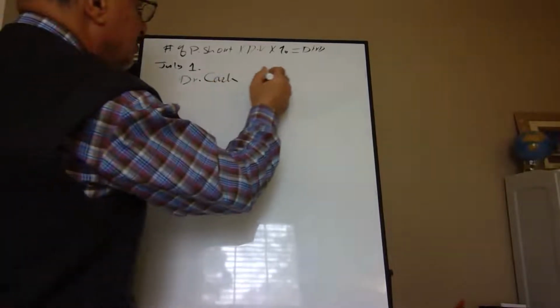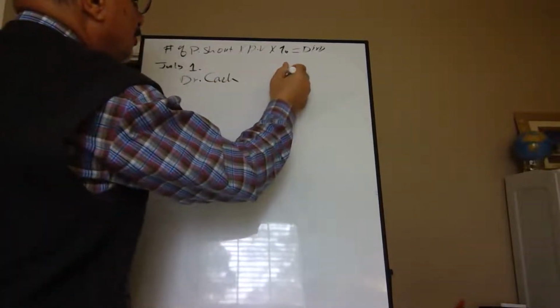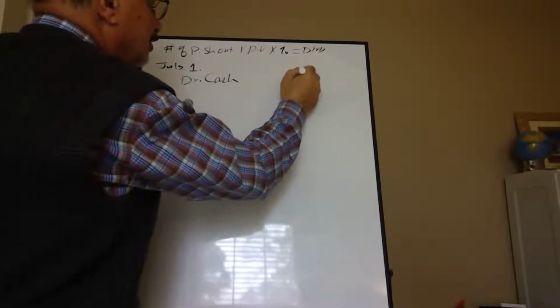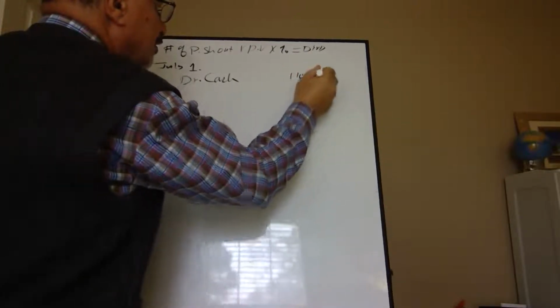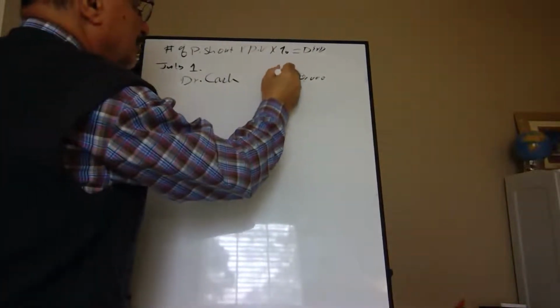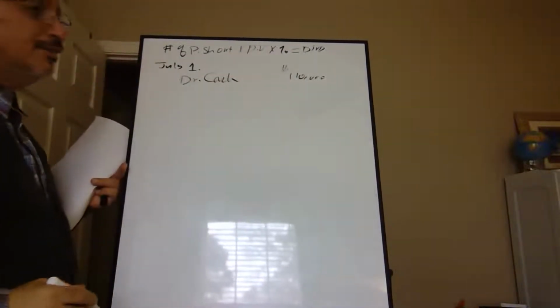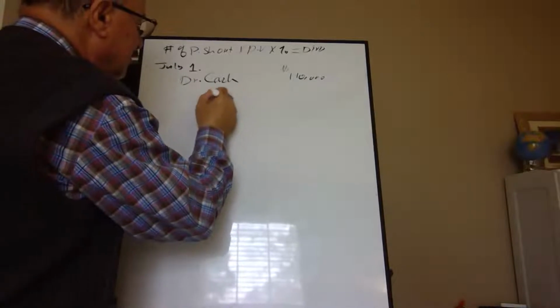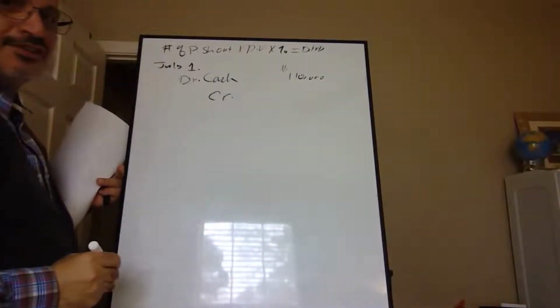So debit cash for $110,000, and we're going to credit common stock.